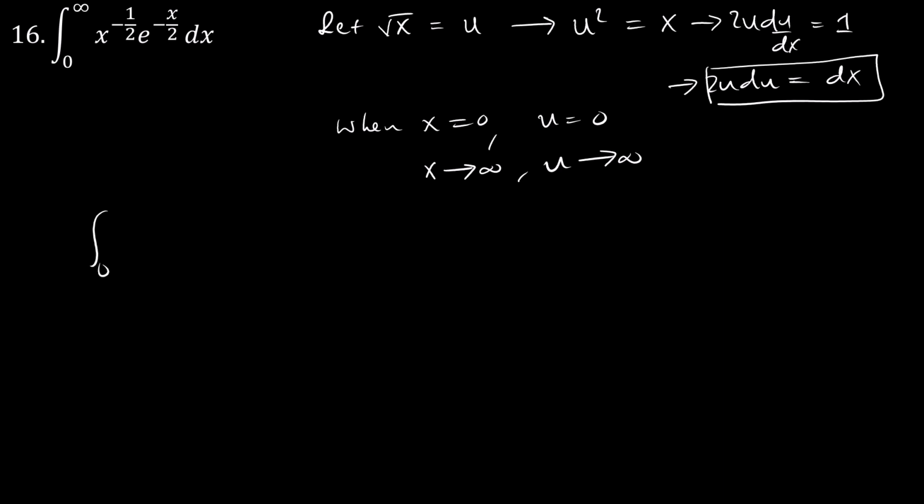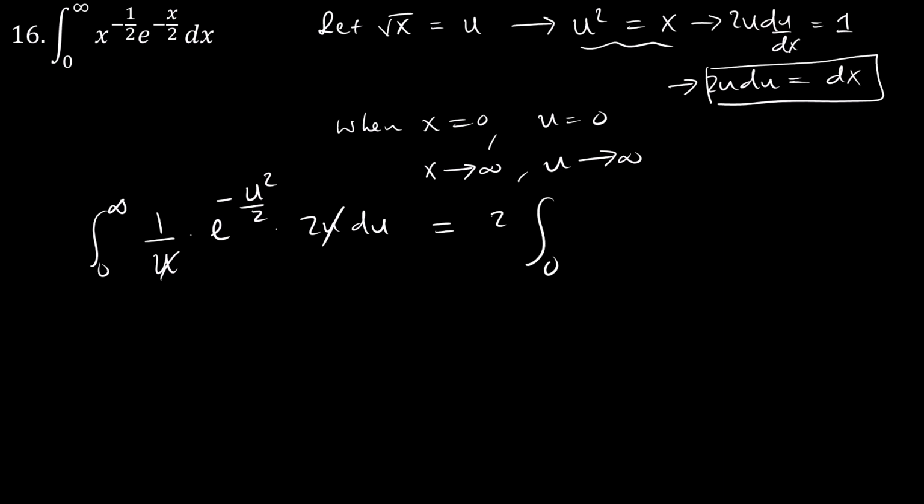So this becomes the integral from 0 to infinity of 1 over u times e to the power negative u squared over 2, and dx is the same as 2u du. So that cancels. So we come to 2 times the integral from 0 to infinity of e to the power negative u squared over 2.